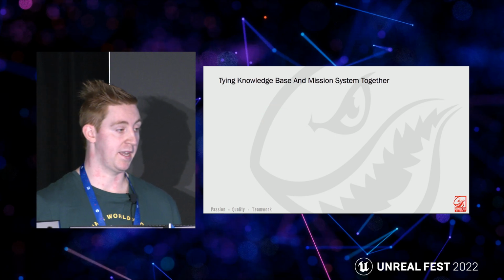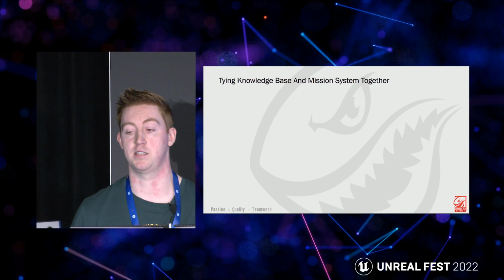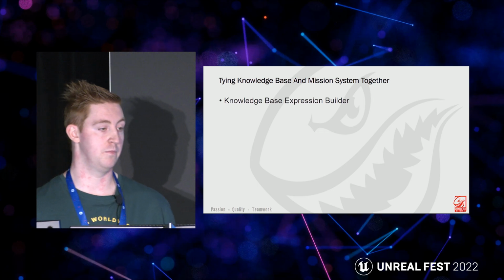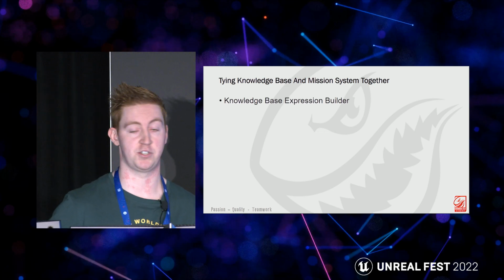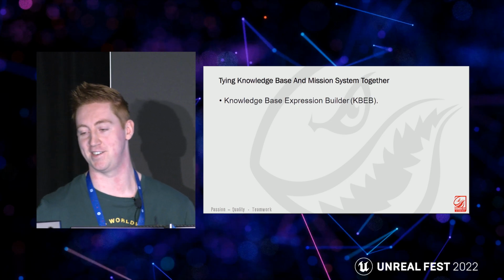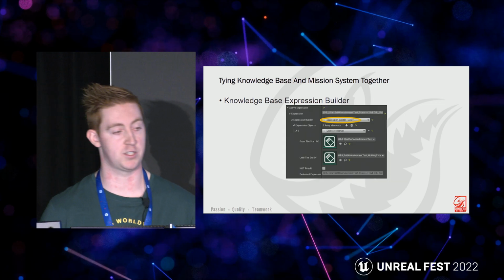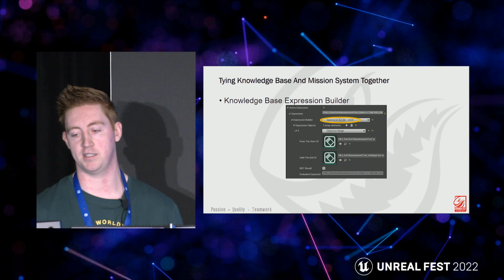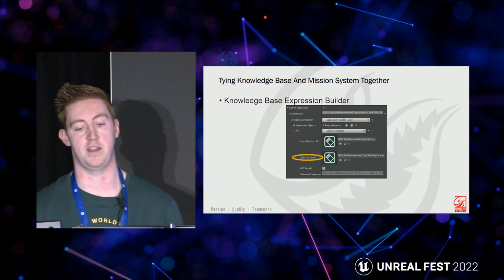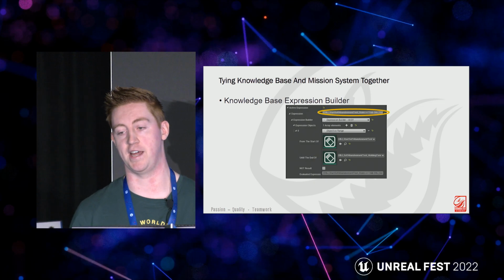This was one of the biggest wins for us as a studio, was tying together the knowledge base and the mission system, the two pieces I said at the start. So we ended up coming up with the concept of what we called a knowledge base expression builder, affectionately known as the KBEB, and that's your terminology consistency right there. This ended up as, in the editor, we would expose, again, another instance view object of information, in this case an objective range with a start and an end, and we would boil it down to a piece of text that the knowledge base would understand.